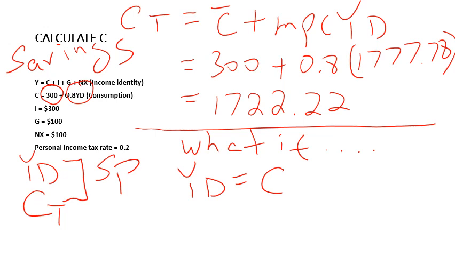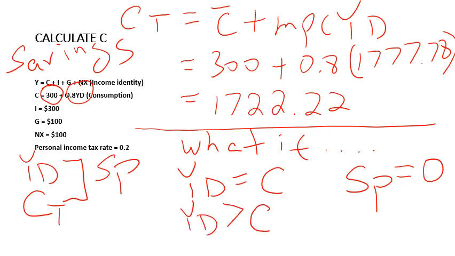If YD is equal to consumption, then savings, SP, private savings, are going to be equal to 0. If, on the other hand, disposable income is greater than consumption, then we are going to have positive private savings. All right? Where will these savings go?